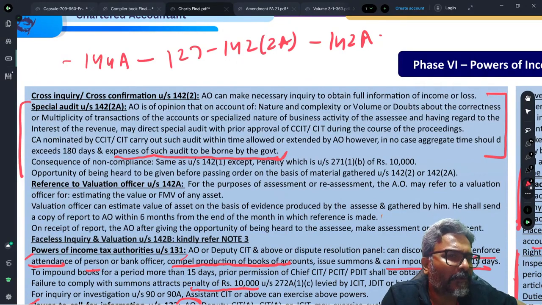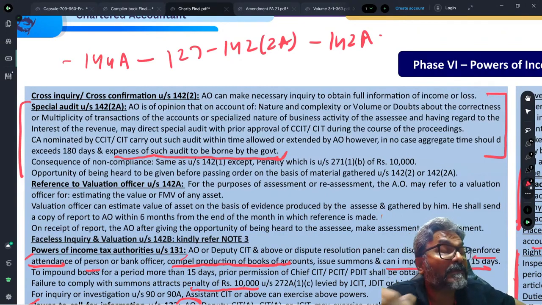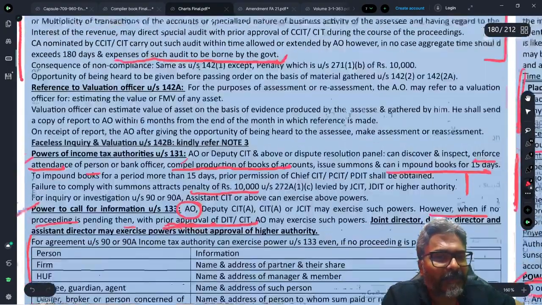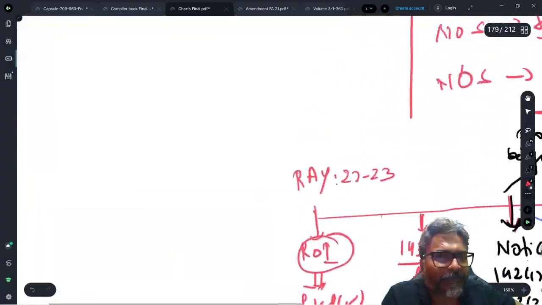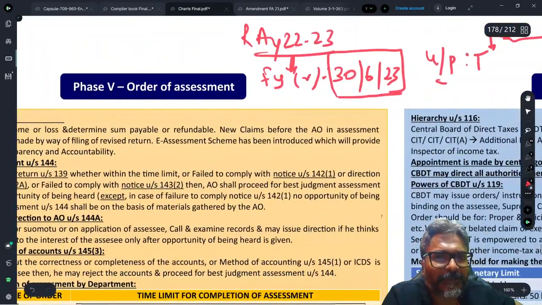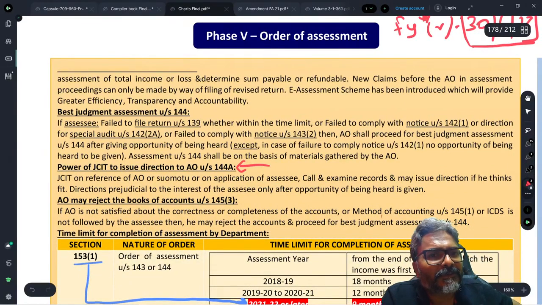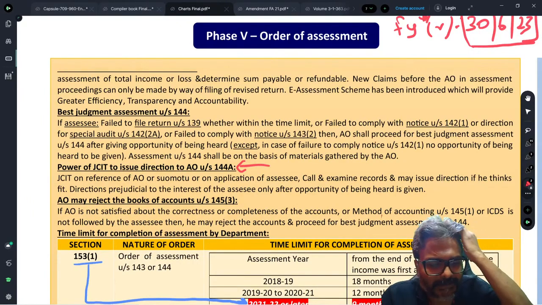He will tell him that, look, first exhaust all of your options. And what is the other option that needs to be exhausted? One of the most popular options, students, is 144A. Now what is this 144A? I'll just let you know. 144A, which is there above in your previous chart, is that you can apply to the JCIT, the Joint Commissioner of Income Tax. The JCIT is the king here.